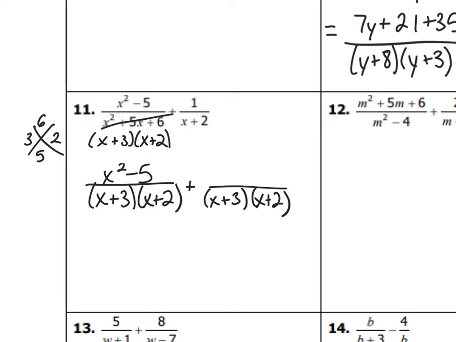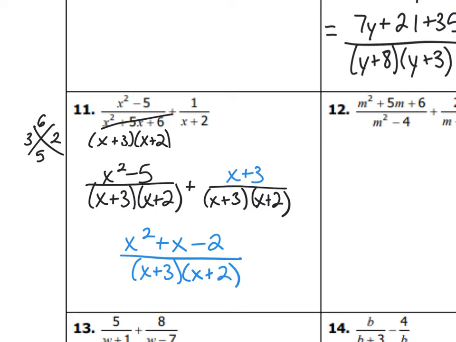It's missing x plus 3, so I need to multiply, right? 1 times x plus 3. It's just going to be x plus 3. Okay, so now we just add straight across. So we've got x squared plus x minus 2, right? Everybody see what I'm doing here? Hopefully you already got it down.